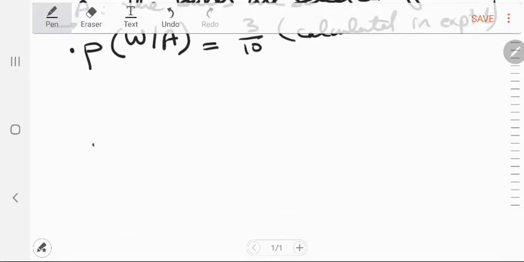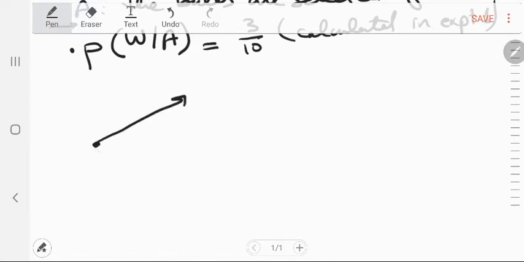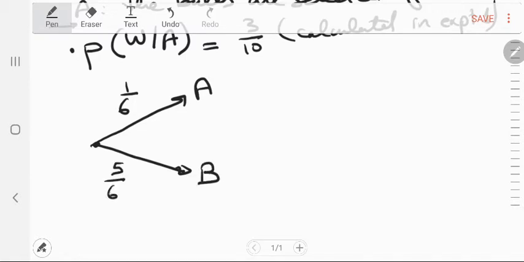Actually here, before I start my questions, you could have drawn a tree. If you roll a fair die, you will either go to urn A, in the case where the die shows up a 6, and the probability of that is 1 over 6, or you can go to urn B, and that's 5 over 6. If you go to urn A, you are going to select 2 balls simultaneously.